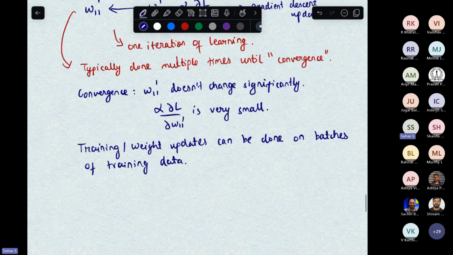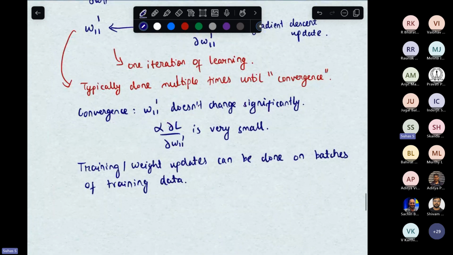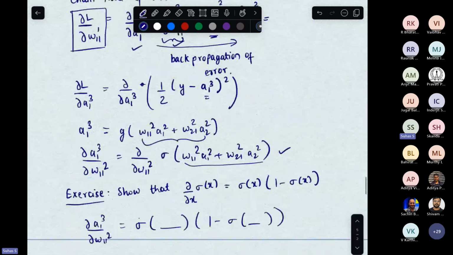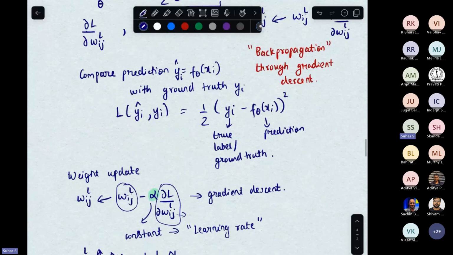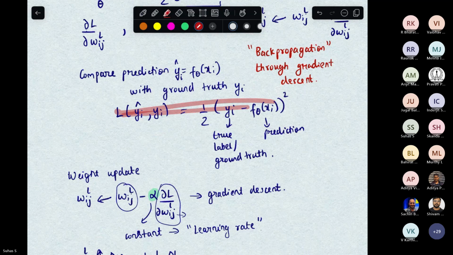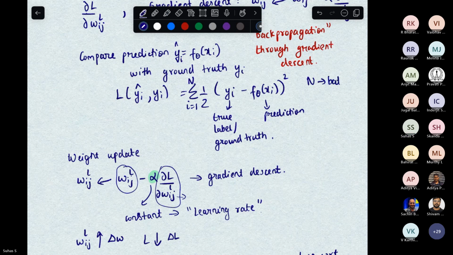So when you have a batch of examples, every weight is updated using multiple inputs and outputs. So your loss function that you had over here will be a sum over i equal to 1 to n, and n is known as the batch size.